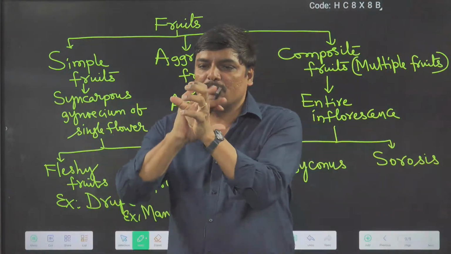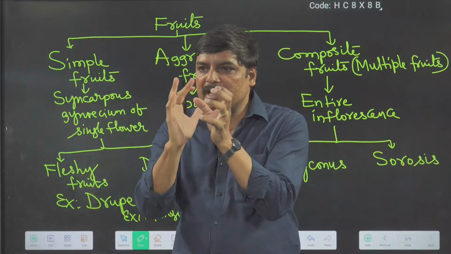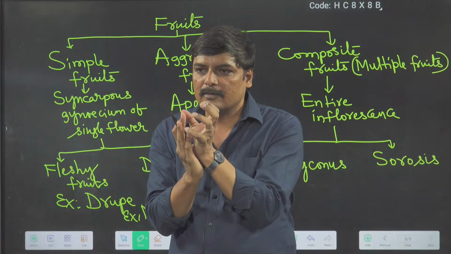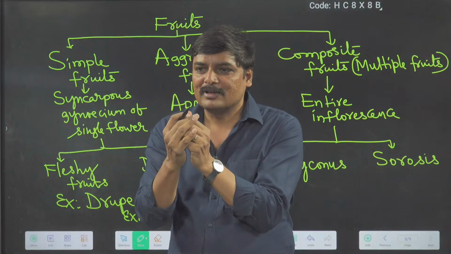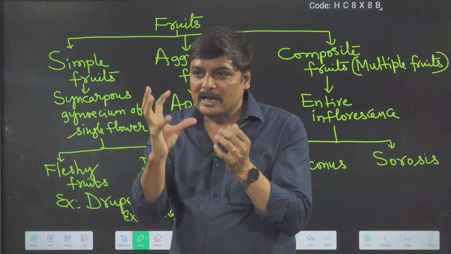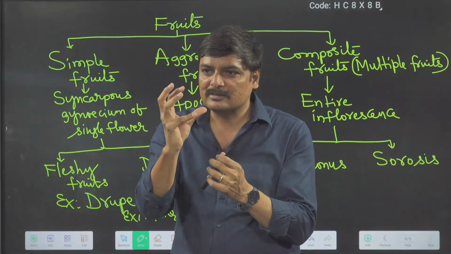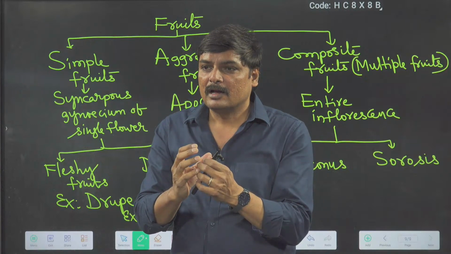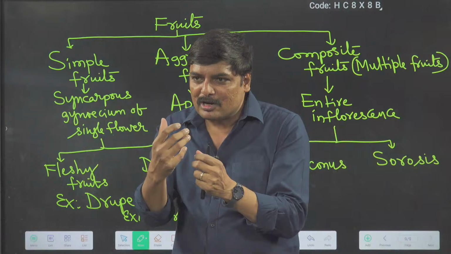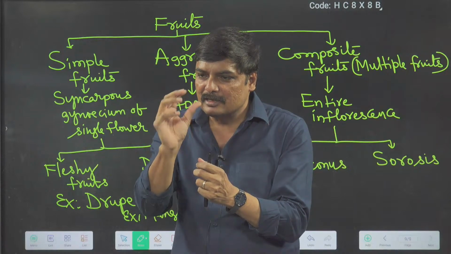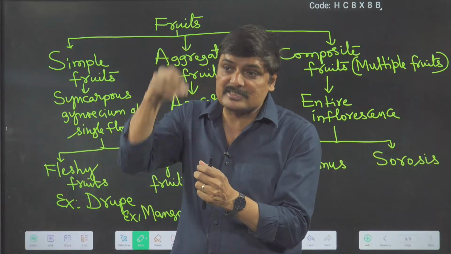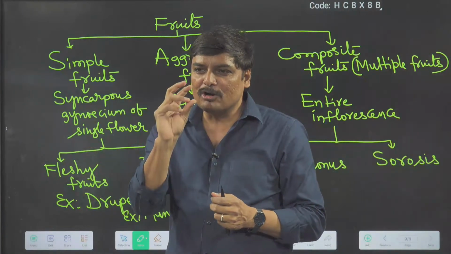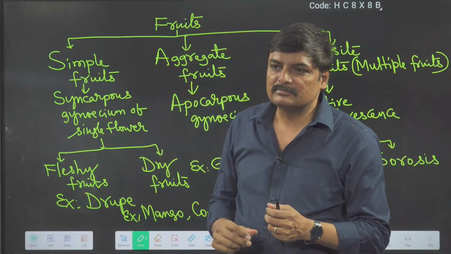You know mango, yellow color, that outer layer is called the epicarp. When you remove the epicarp, a fleshy, soft part is there, that is called the mesocarp. After eating that mesocarp, you will find the part that encloses the seed, that is called the endocarp. The endocarp encloses the seed.